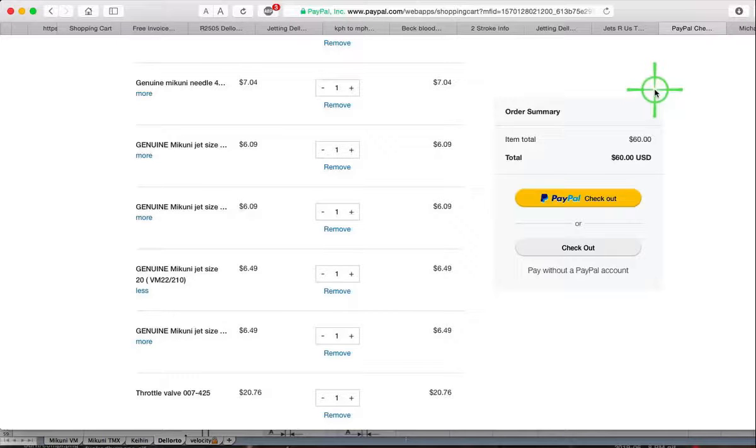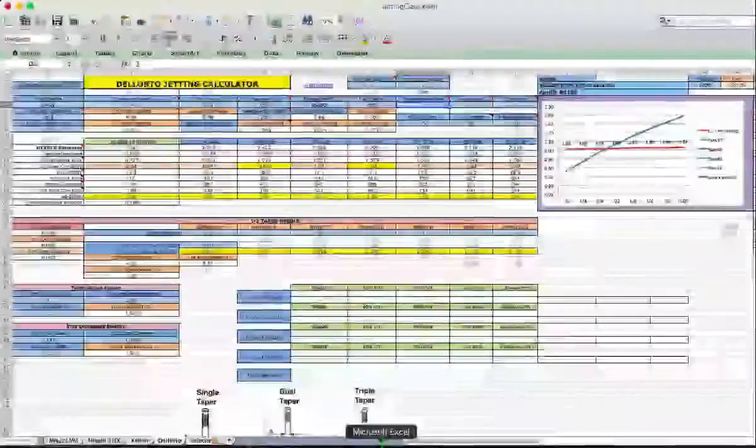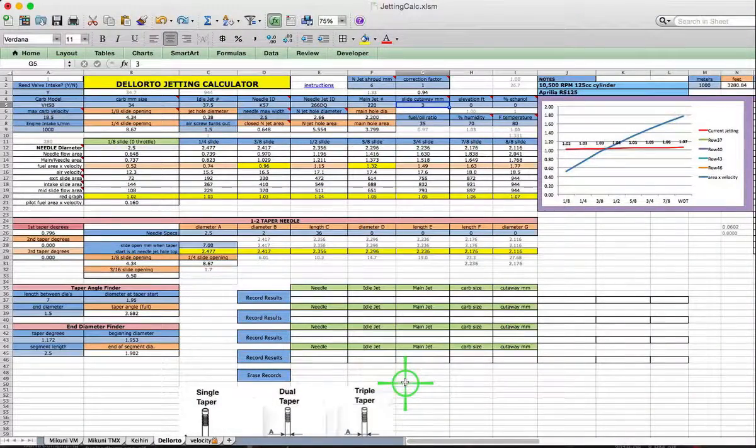So the time and the effort you save from actual real life trial and error testing is much more than the extra time and effort it's going to take to learn how to use this program to find out what exactly you need.